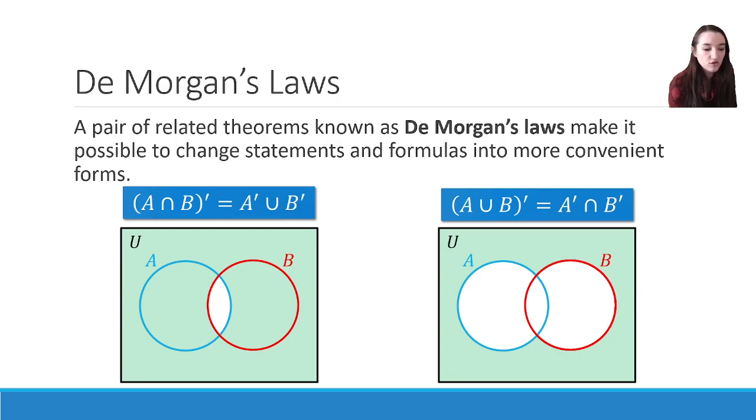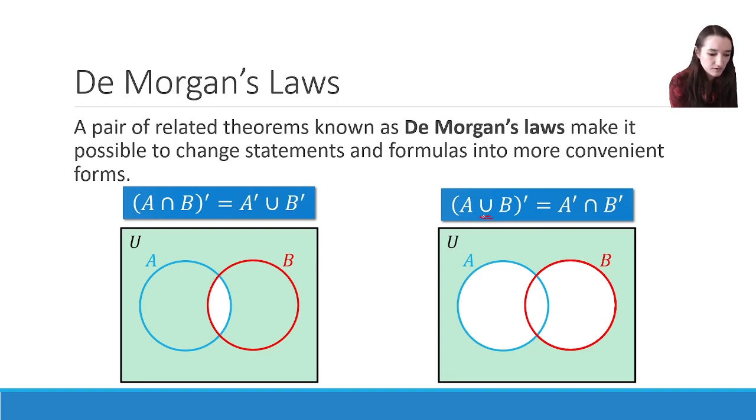Whenever we do this, we flip our union or intersection. So we're basically taking that symbol and flipping it upside down. So we get A intersect B complement equals A complement union B complement, and A union B complement is equal to A complement intersect B complement.